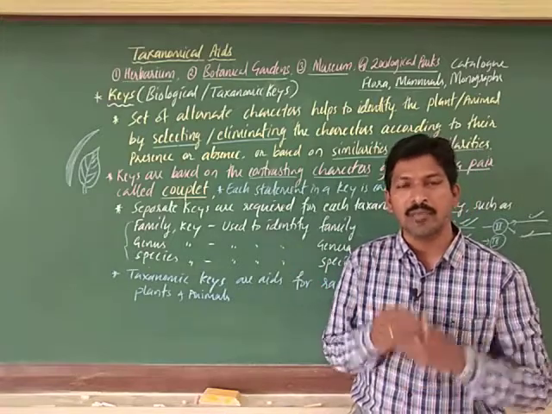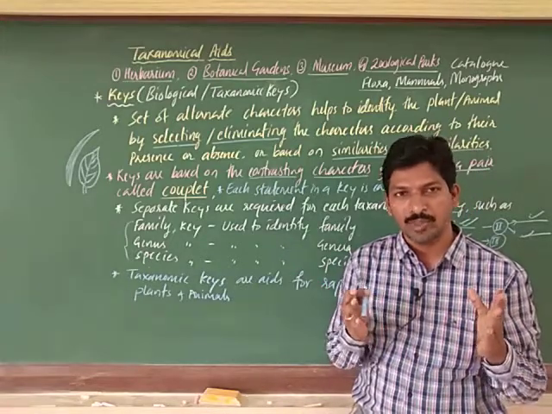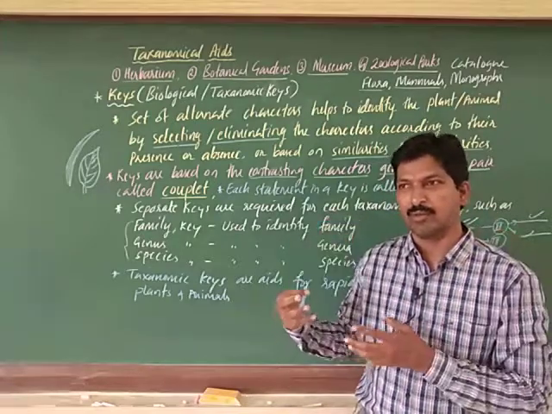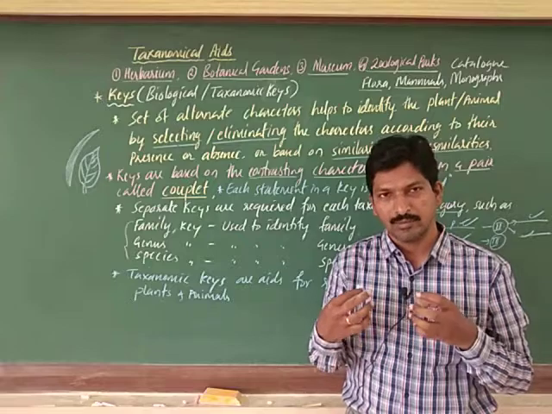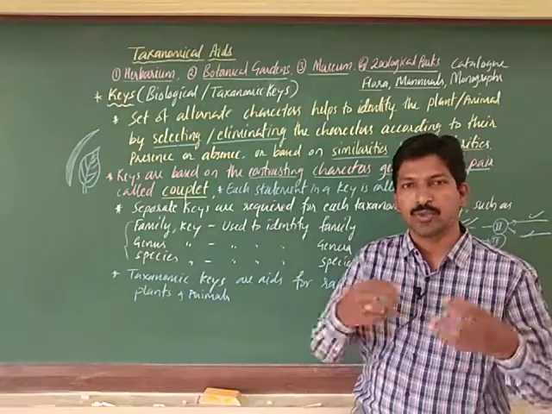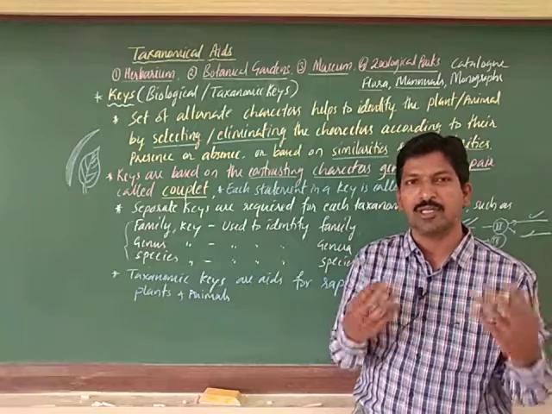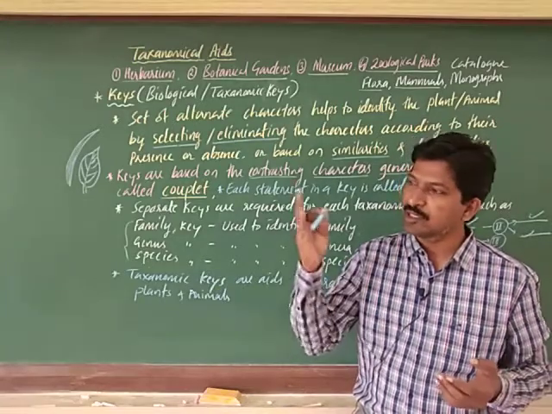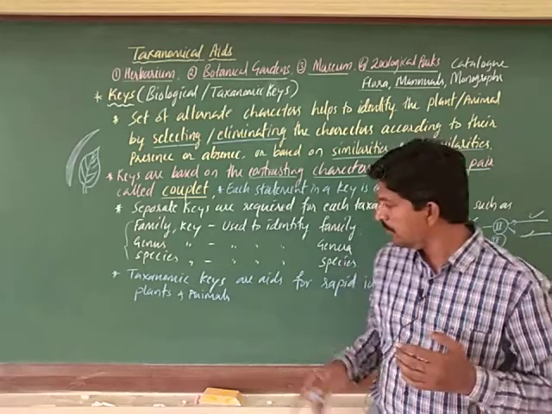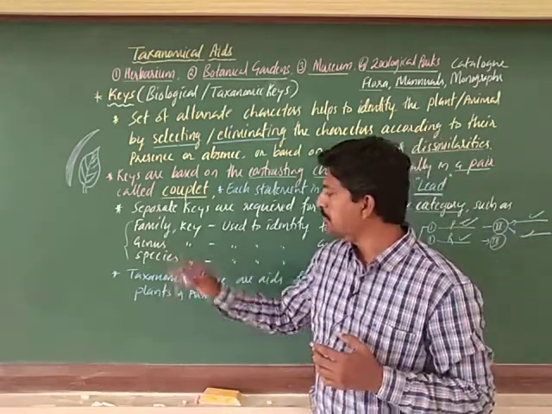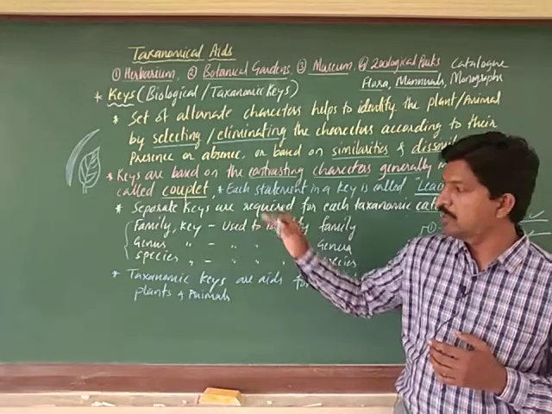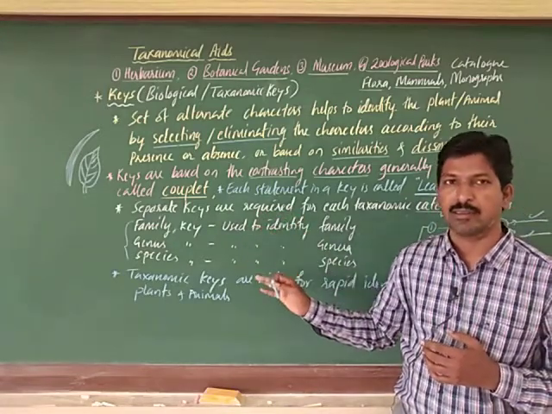No, immediately, because in your mind you already have some set of alternate characters stored, and that stored information can immediately answer you. So, that is a plant, but which plant, which species? How are you going to identify the genus, family, species? Based on these keys, it is helpful at the lower-level taxa.